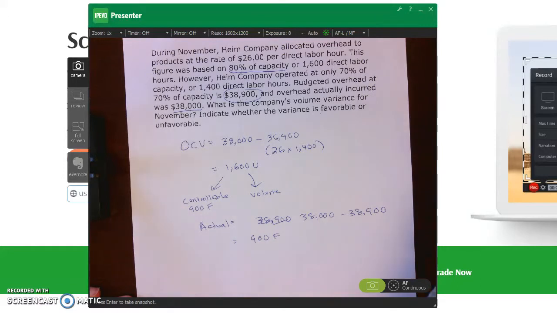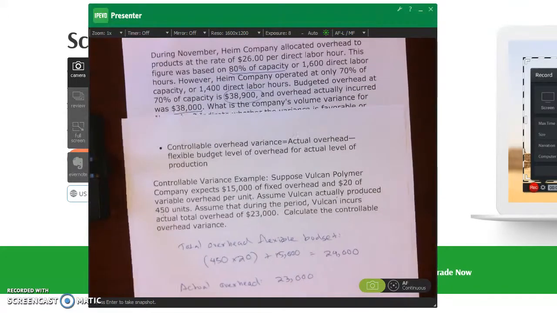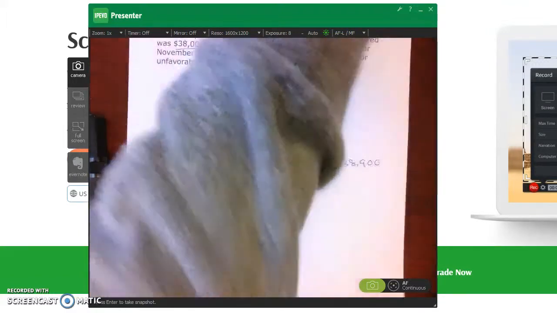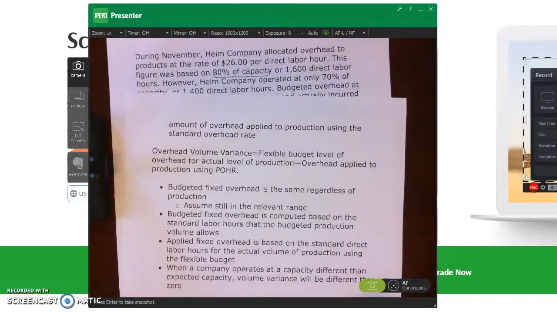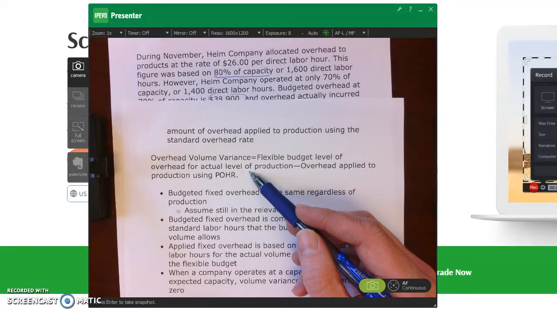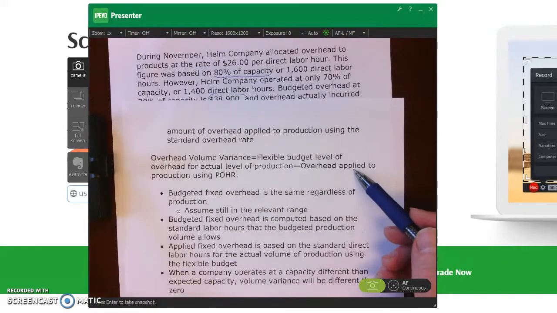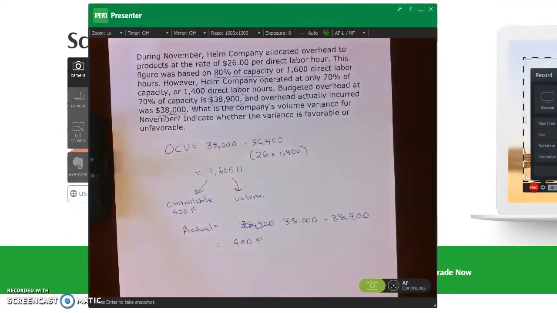If we look back at our formula for volume variance, on page 17 right over here, it's the flexible budget level of overhead for the actual level of production minus the overhead applied to production using our predetermined overhead rate.